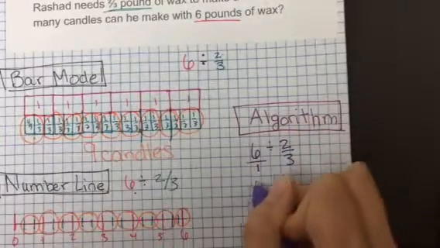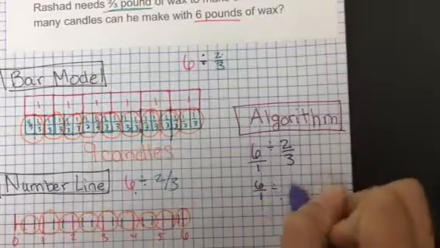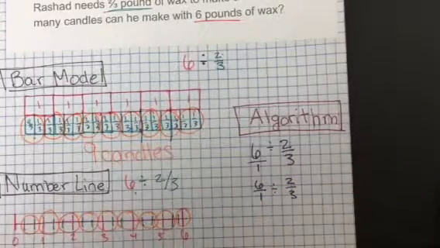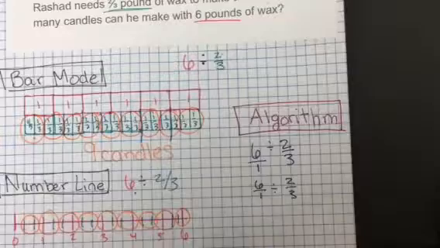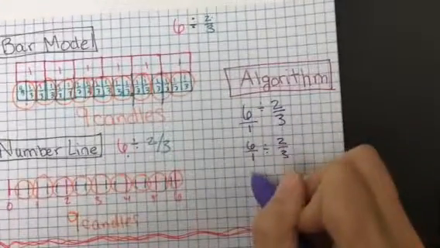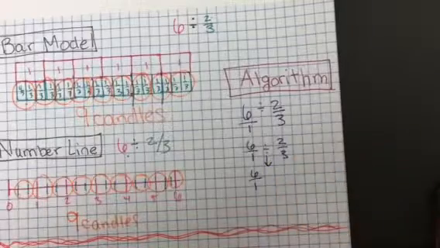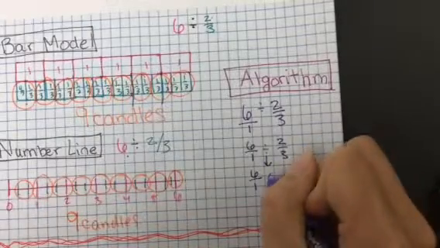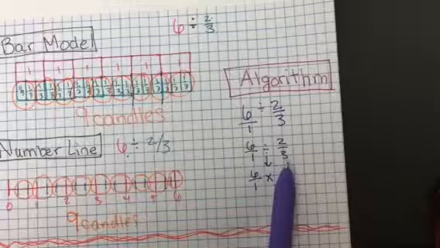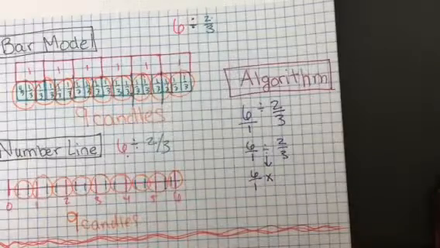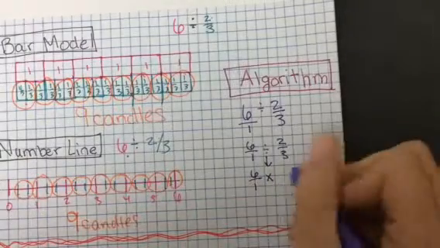So I have 6 over 1 divided by 2/3. Now, I keep my very first fraction the same, so that becomes 6 over 1 because I didn't change it. My division turns into a multiplication, and I take the reciprocal of 2/3.